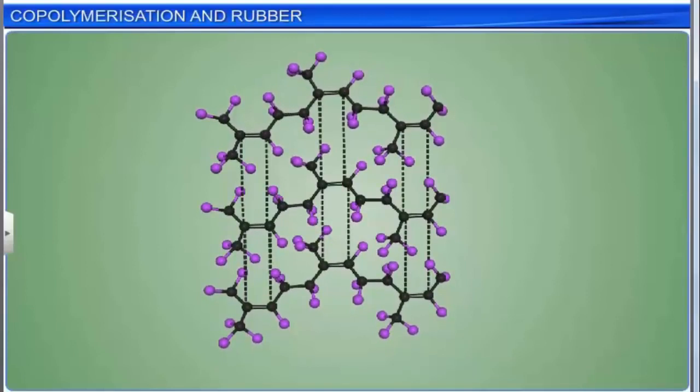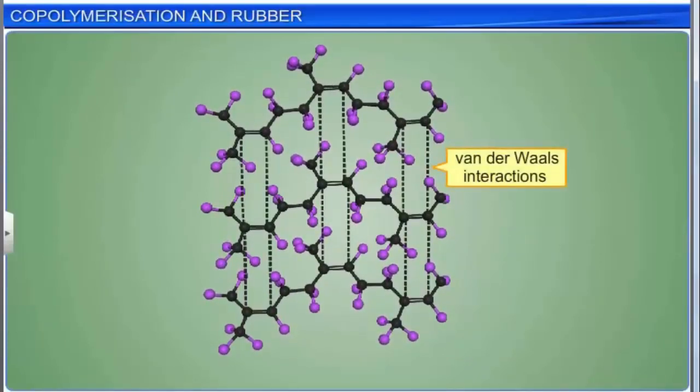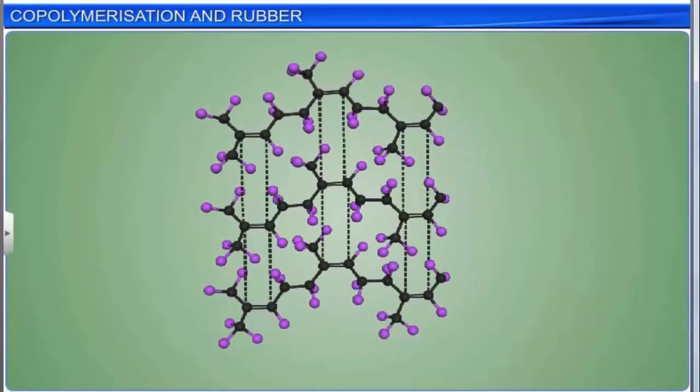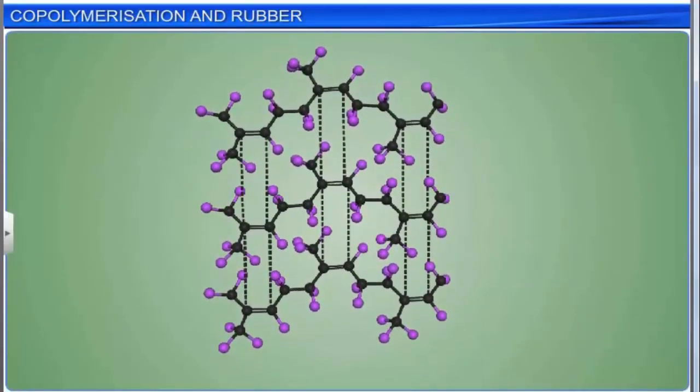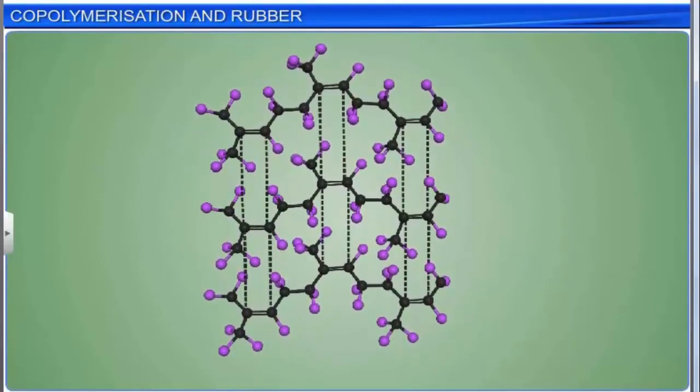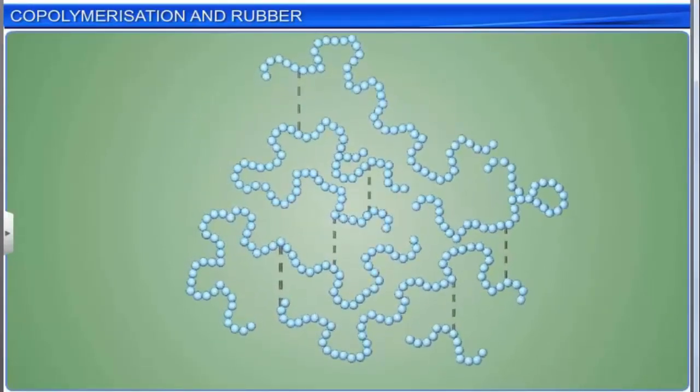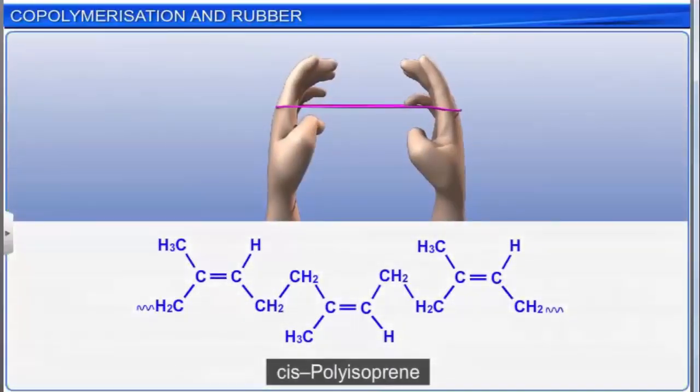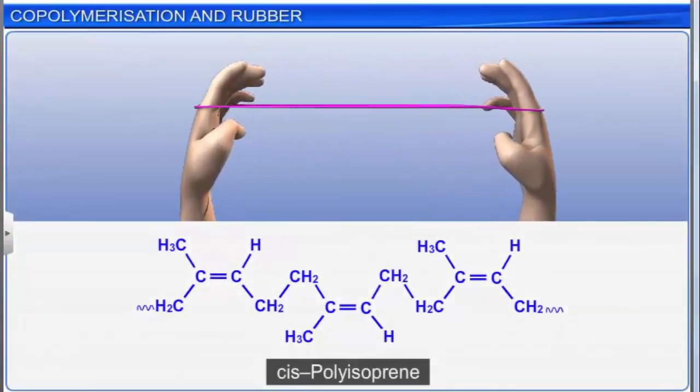The chains are held together by weak van der Waals interactions, and hence it is elastic and non-crystalline. The polymer chains form a coiled structure. Natural rubber can be stretched. When stretched, the chains get aligned in the direction of the external force.